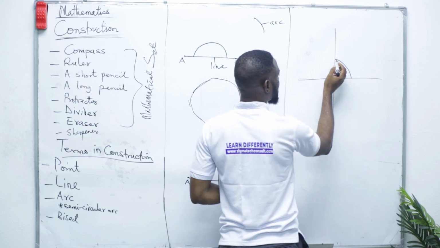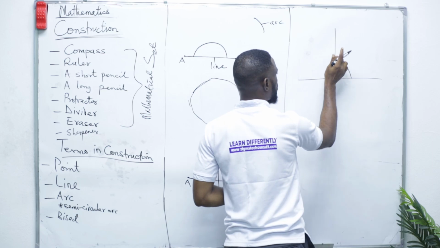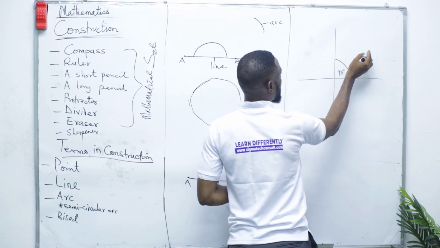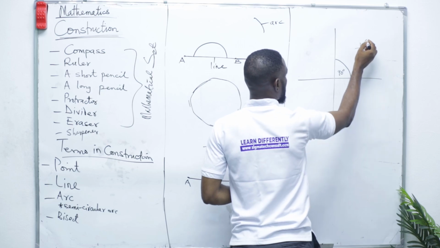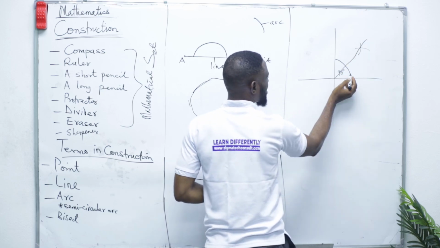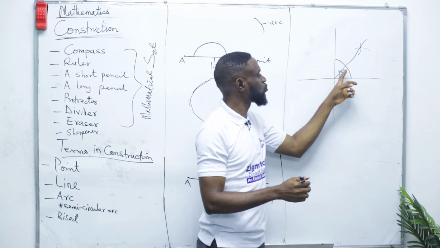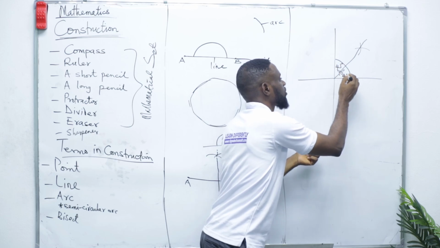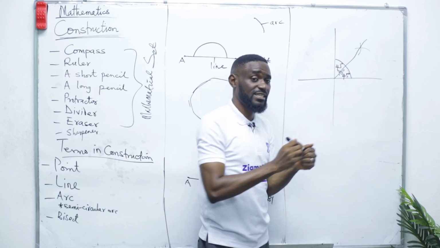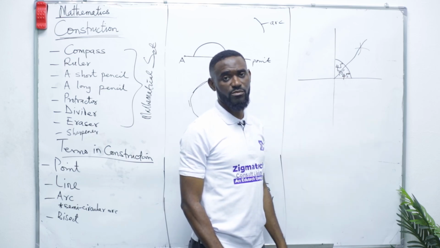Now we can bisect this angle. What we simply do is pick any radius of our choice and make an arc here, come here, make another arc here, then we bring it here. We have bisected this angle into two parts, this now being 45 degrees, here being 45 degrees. Can you see that we have bisected an angle? Do you understand the point now?